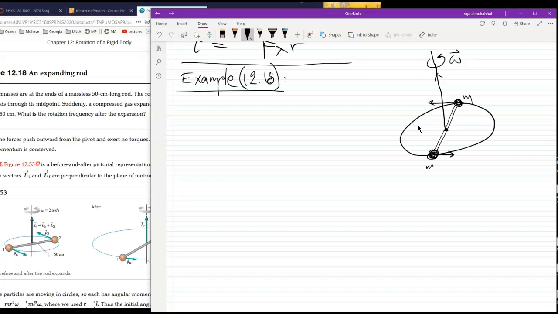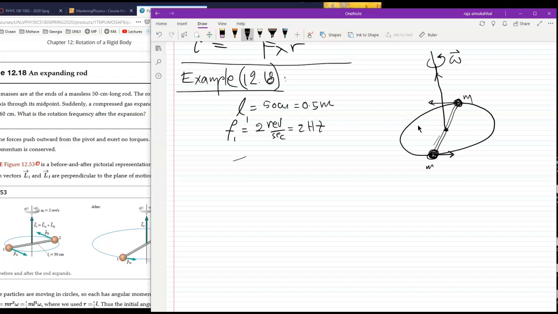All right, so the initial length of the rod, L1, I'm going to call it, he says it's 50 centimeters. And the initial frequency, f1 we'll call it, is 2 rev per second, which is basically 2 hertz, correct?